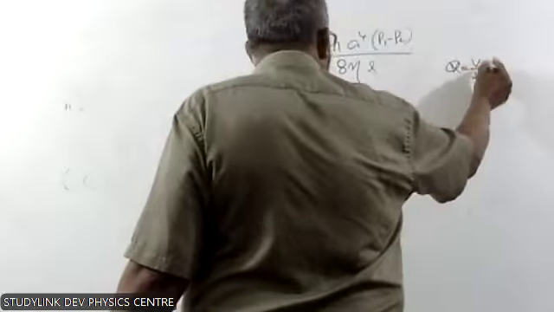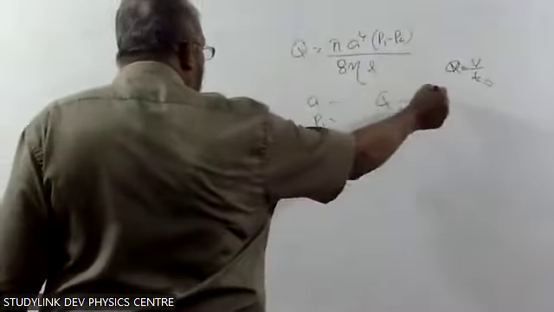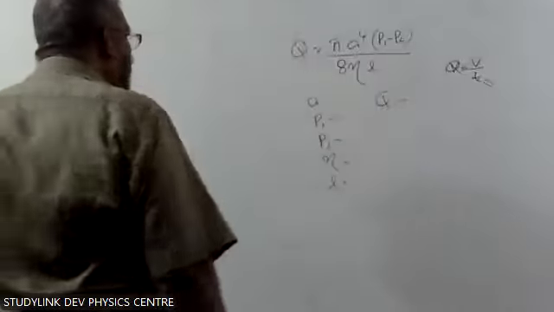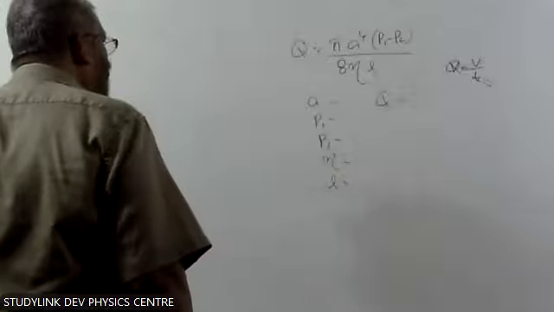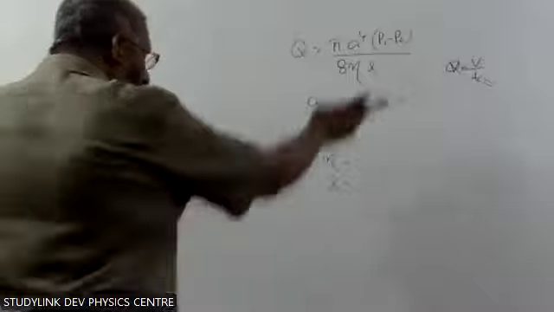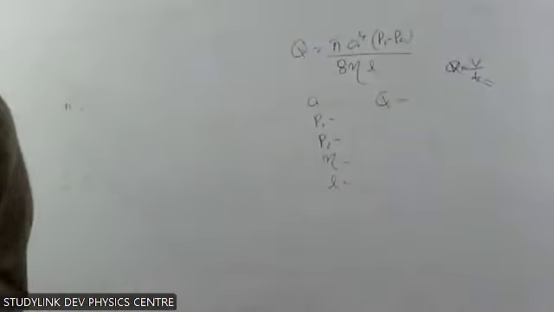Q is equal to pi a to the power 4 (P1 minus P2) divided by 8 eta L. Then describe this. This is the rate of flow of liquid in volume. A is normally the internal radius of the tube. I gave all those in one particular video. The next one.